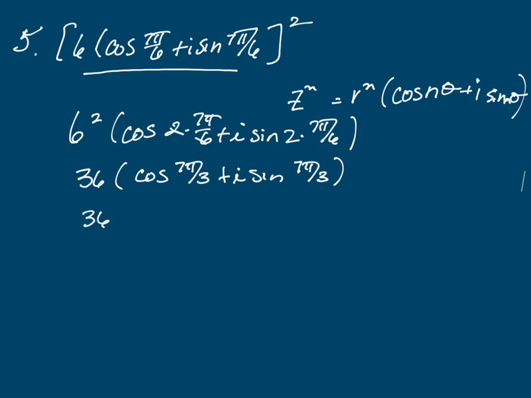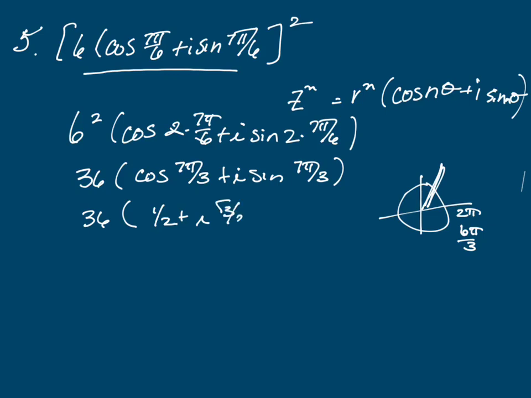So 36, and 7 pi over 3: 2 pi is the same thing as 6 pi over 3, right? So 7 pi over 3 would be right here, first quadrant. Cosine would be positive 1/2, and sine would be positive square root of 3 over 2.